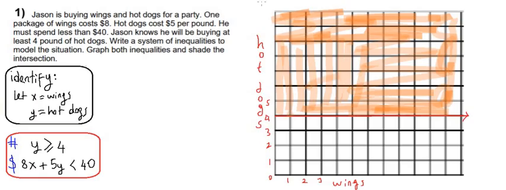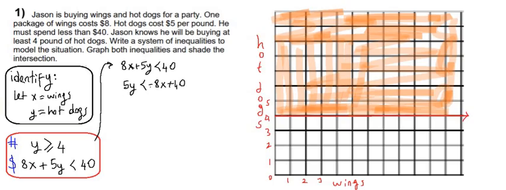Now let's go to the second inequality. In the second inequality, we have 8x plus 5y less than 40. Here we can solve for y. 8x plus 5y is less than 40. Subtract 8x on both sides. So 5y is less than negative 8x plus 40.